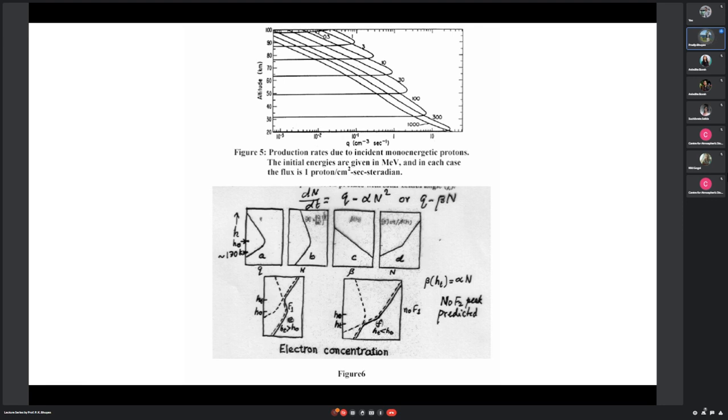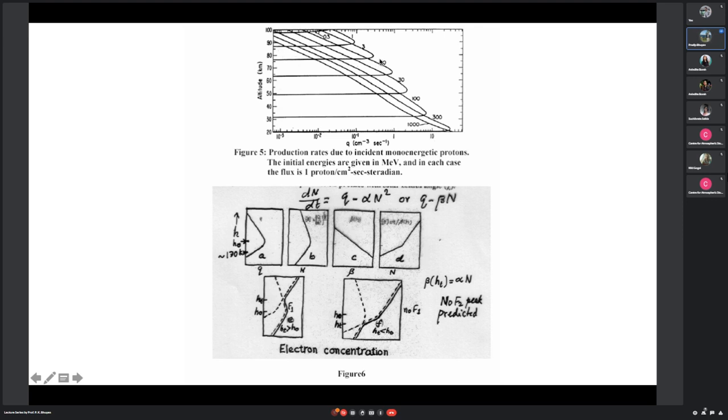If you look at this figure, this curve is for the highly energetic particles. Then it goes up, and accordingly the height up to which the solar radiations can come down and ionize will also increase. From here it is 30 kilometers, from here it is going up to 90 kilometers, and like that.